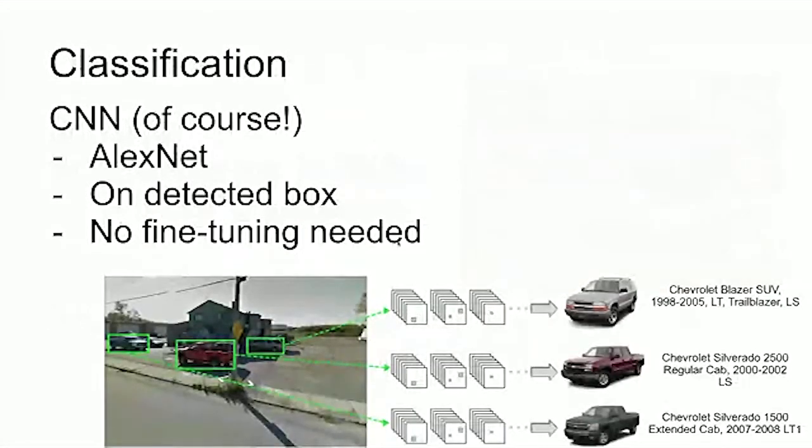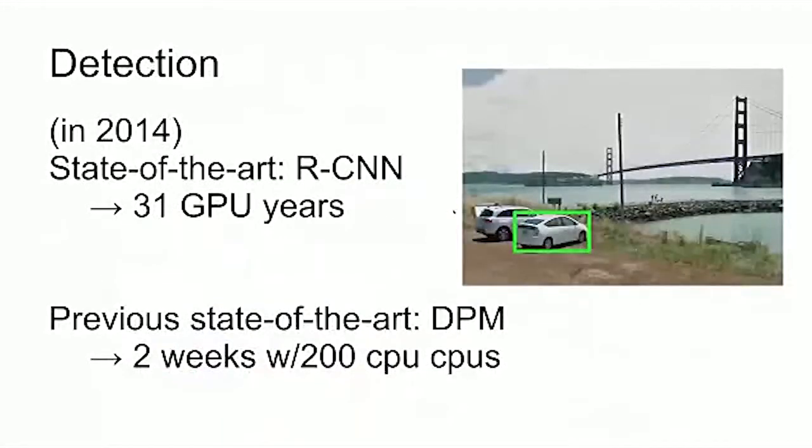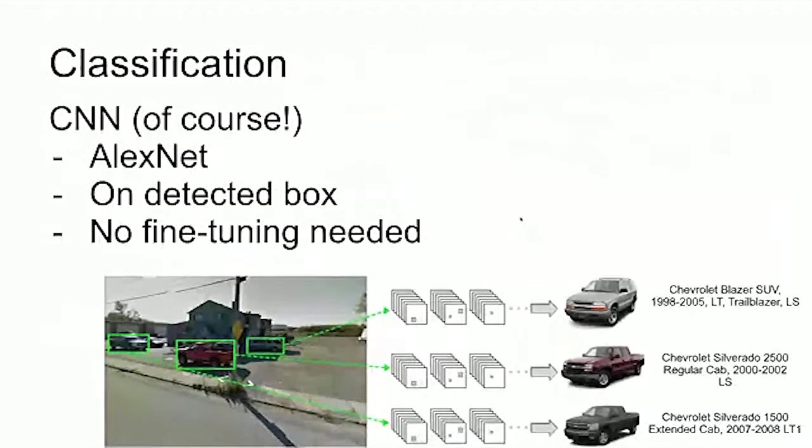So what we first did is we used DPM to figure out whether there is a car in an image or not, any car. So this just tells you there is a car here and there is another car here. That's what DPM gives you. And then with a convolutional neural network, you can actually classify the car into one of over 2,600 different kinds of cars.